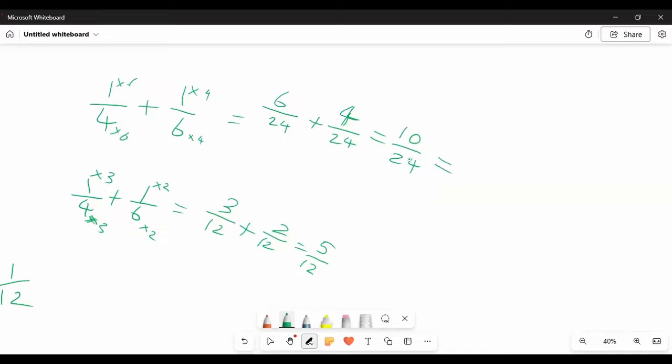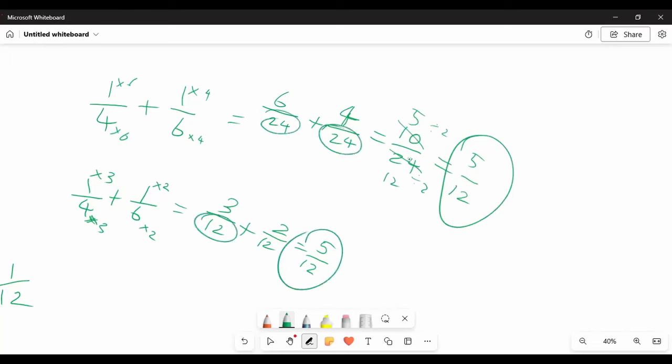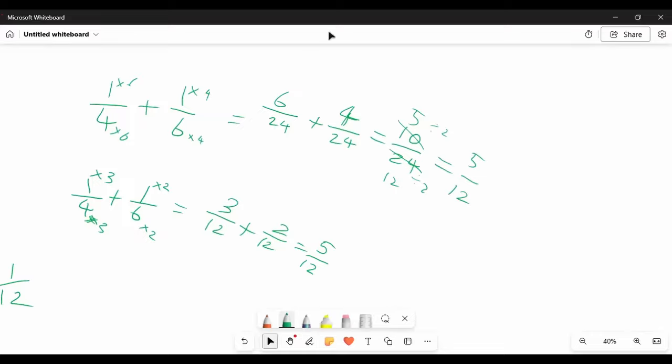We can further simplify this. 10 and 24 can both be divided by 2. In 10, how many 2's do we have? We have 5. And in 24, how many 2's do we have? We have 12. So the answer is going to be 5 over 12. Technically, whatever common denominator you take, you will end up with the same answer. You can take a random common multiple to make the denominators the same. No problem at all.